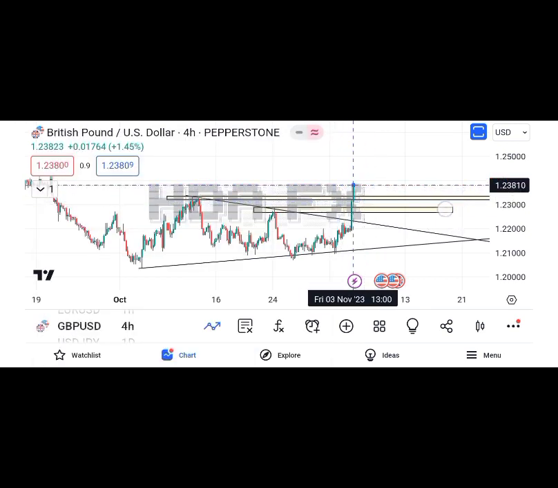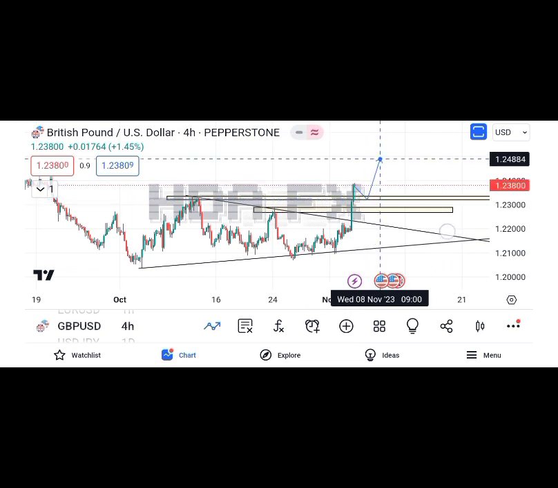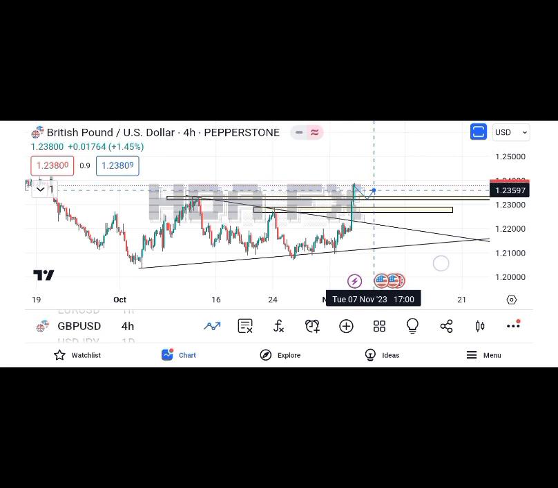In case price gets to this zone here, I'll look for buying confirming candles, then buy. Or if price breaks this zone downward and gets to this zone here, I'll also be looking for buying confirming candles to buy. So like I said, this coming week, I'm bullish on GBPUSD.